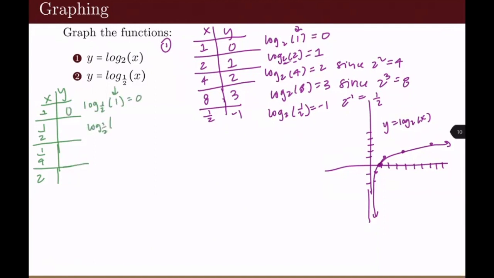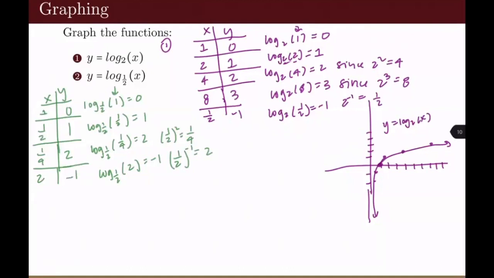Log base a half of a half is equal to 1. Log base a half of a fourth is going to be 2, since 1/2 squared is 1/4. And log base a half of 2 is going to be negative 1, since 1/2 to the negative 1 equals 2. Because remember, negative exponents just flip your fraction.